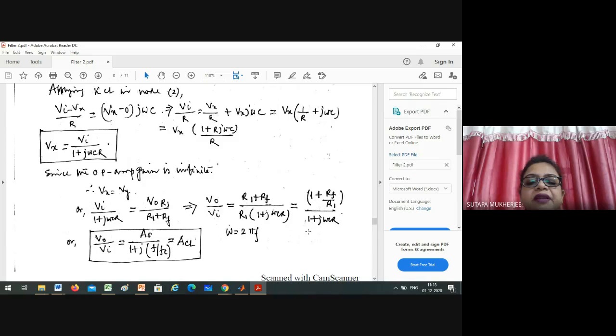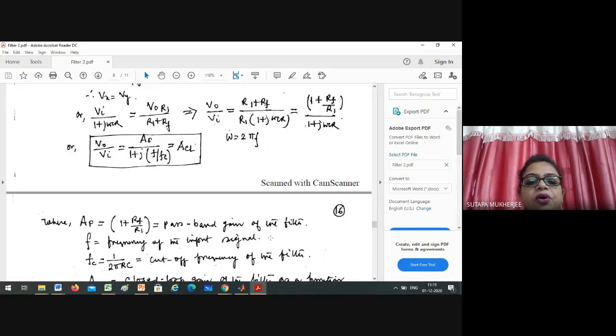AF divided by 1 plus j. এবার একটু আগে যেটা বলছিল ম্যাম, I have put here omega equal to 2 pi f. Yes, you have to put omega equal to 2 pi f and the cutoff frequency 2 pi fc. Basically fc is the cutoff frequency. So you write like this, এটাকে একটু নোট ডাউন করে নাও.